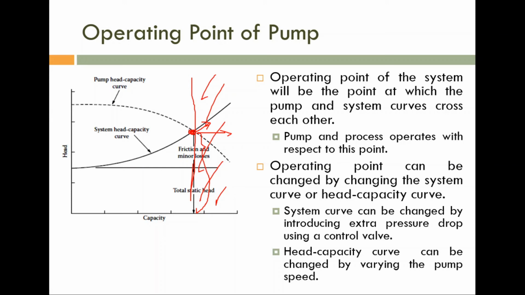Beyond that, the flow rate will not increase, because beyond that the system will become unstable. So the point at which the system curve is intersecting with the pump curve is known as the operating point.